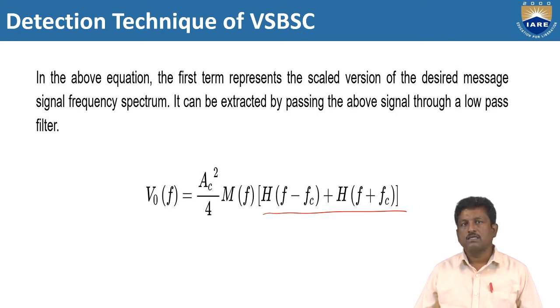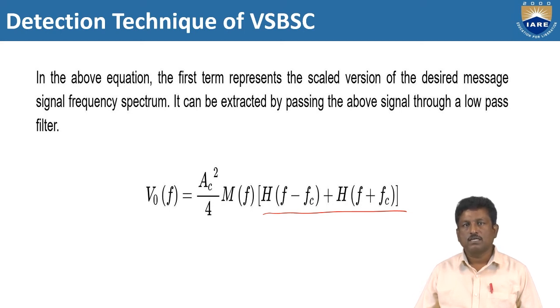So what is the use of the arrangement of the low pass filter? You can easily say that the modulating signal always lies in the low frequency range, that is the audio frequency range. Generally we are generating the sound signal. That sound signal is converted into an electrical signal, and then there is modulation and transmission.